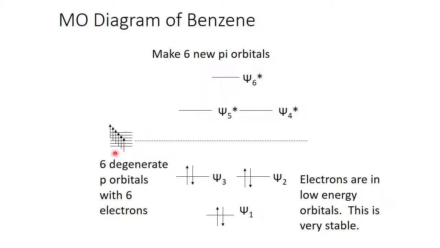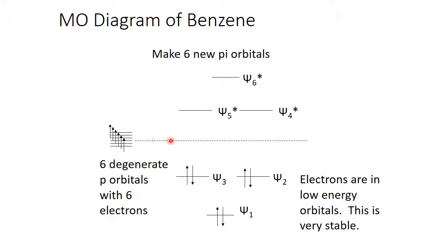Of course, these p orbitals disappear because they're going to form the new molecular orbitals. What happens is you make 1, 2, 3 bonding orbitals and 1, 2, 3 antibonding orbitals. The electrons always fall to the lowest possible place, so they all fall down into these 3 bonding orbitals.